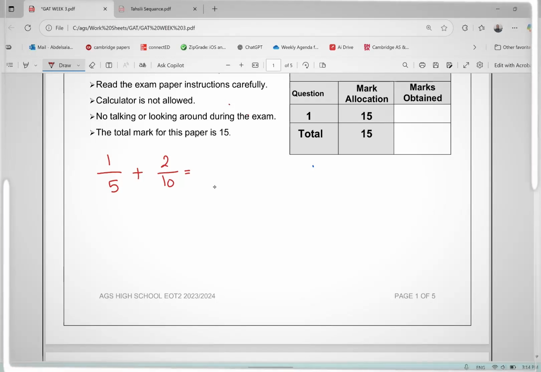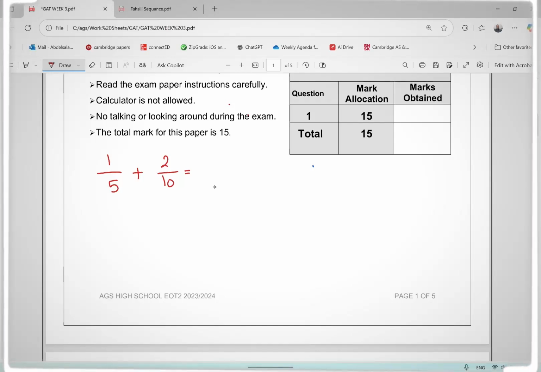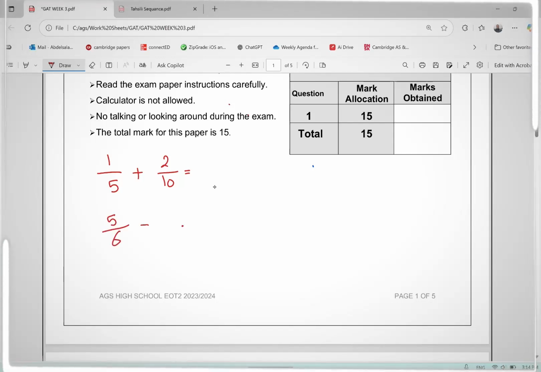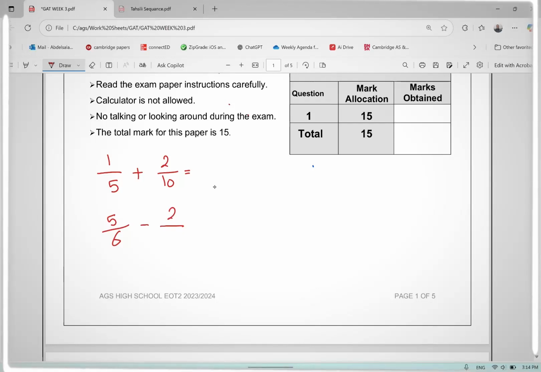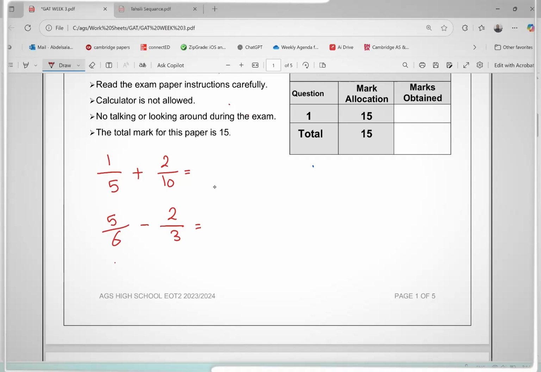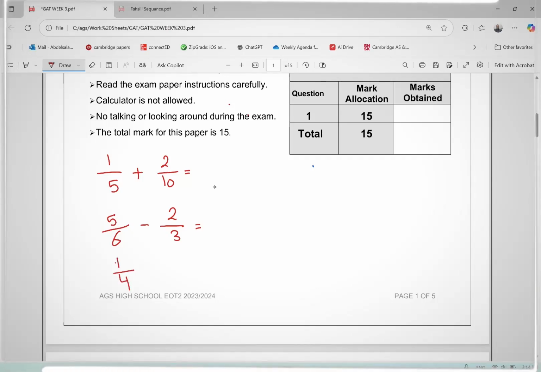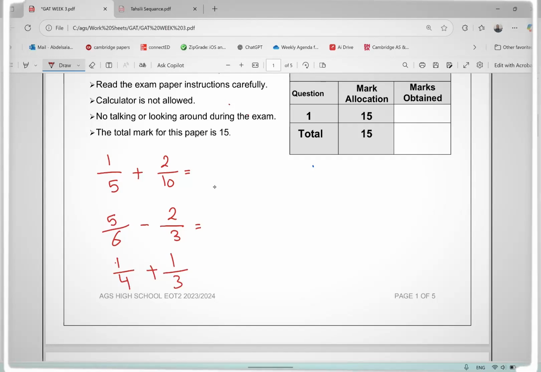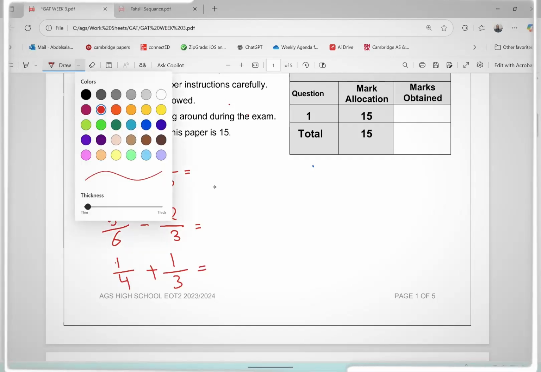Stop the video and try to solve these questions before I start. Now, if I have 5 over 6 minus 2 over 3, how can you subtract it? And if I have 1 over 4 plus 1 over 3, how can you add both of them?